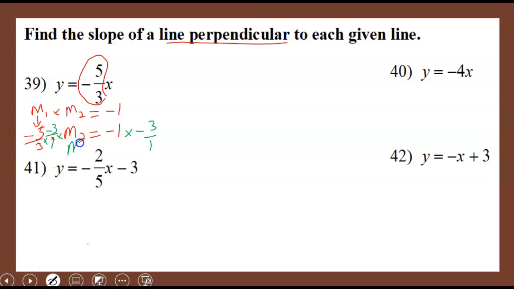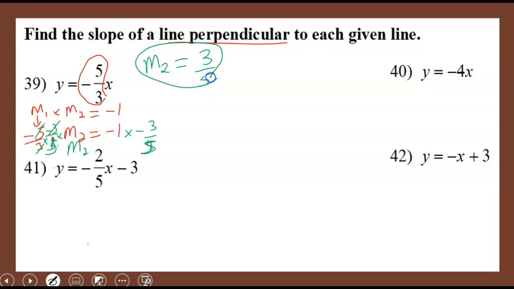We multiply by negative 3 over 5, oh sorry, over 5, not over 1. Because you have to flip it, multiply by the reciprocal. So that will make this 1. And here we have negative 1 times negative 3, and negative times negative is positive. So m2 is going to equal positive 3 over 5.